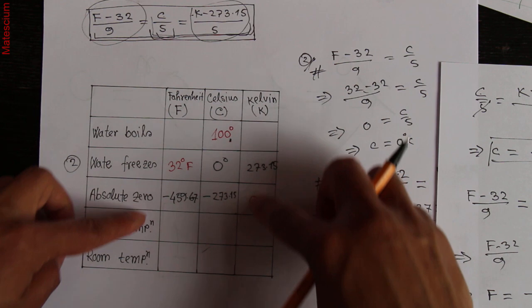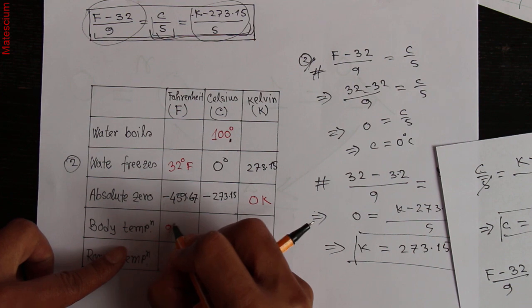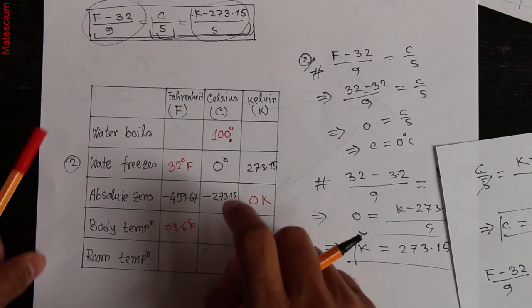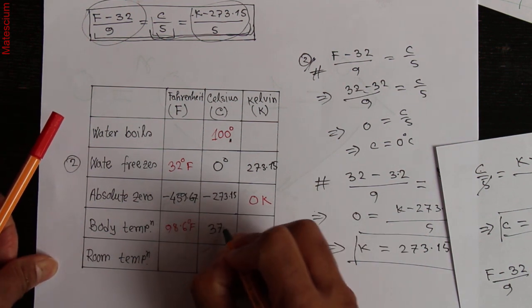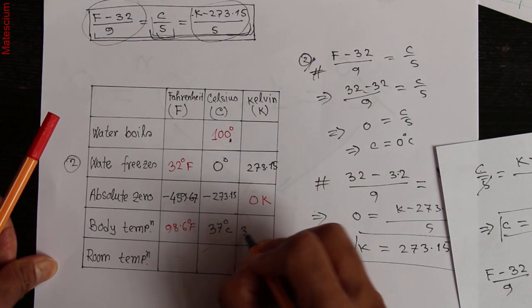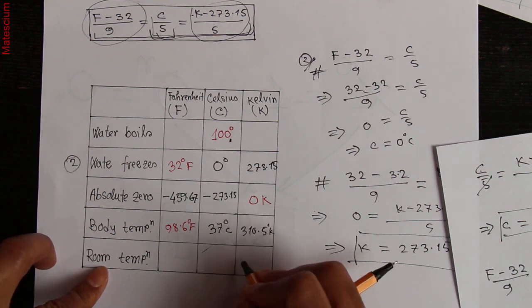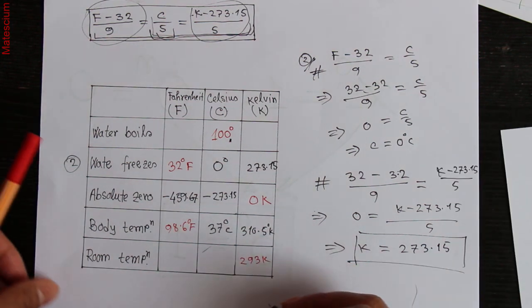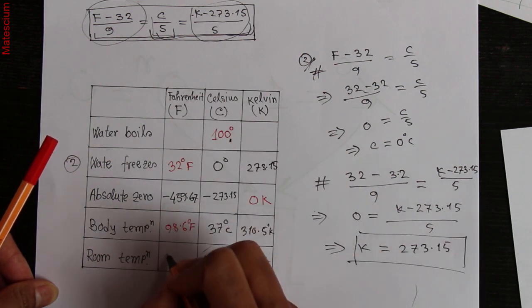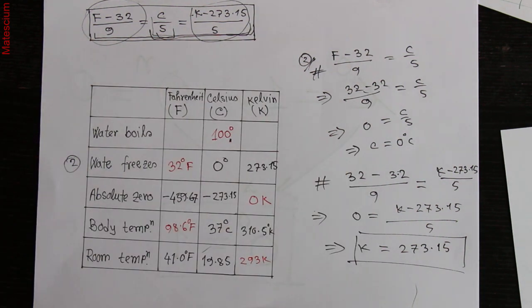If you do this type of calculation for body temperature, we know body temperature is 98.6 degrees Fahrenheit. If you convert this Fahrenheit into degrees Celsius, it will be 37 degrees Celsius, and it will be equivalent to 310.5 Kelvin. Room temperature is 293 Kelvin. You will get this equivalent to 19.85 in Celsius, and it will be 67.73 degrees in the Fahrenheit scale.